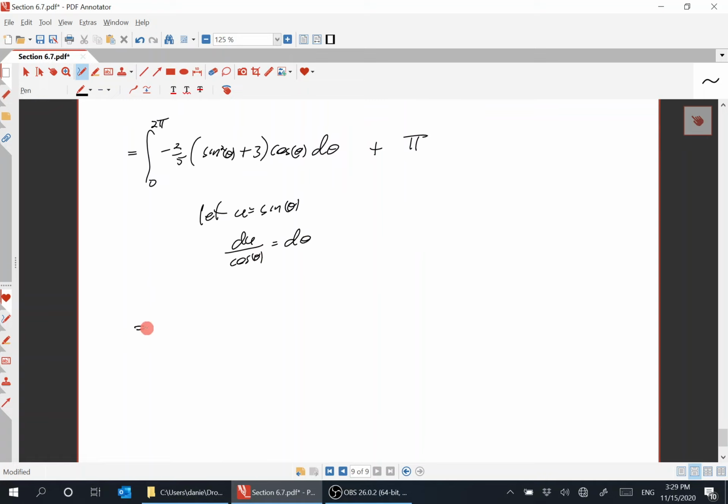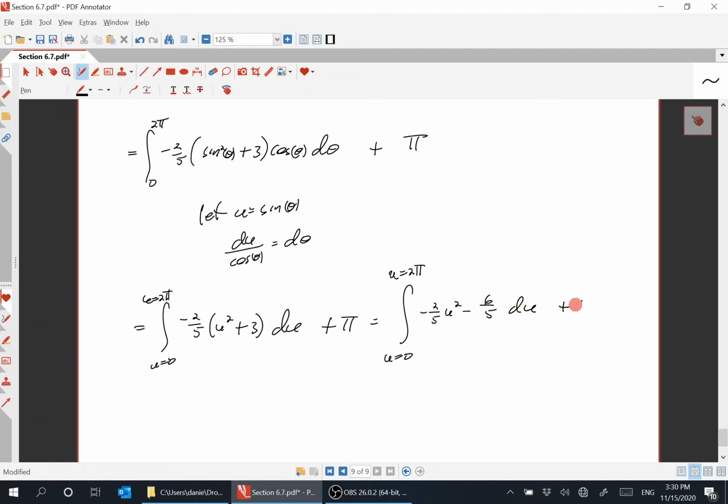So this becomes the integral from u equals 0 to u equals 2 pi of minus 2/5 u squared plus 3 du plus pi. So it's equal to the integral from u equals 0 to u equals 2 pi of minus 2/5 u squared minus 6/5 du plus pi.